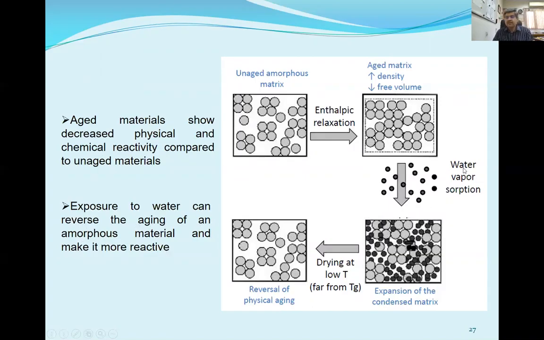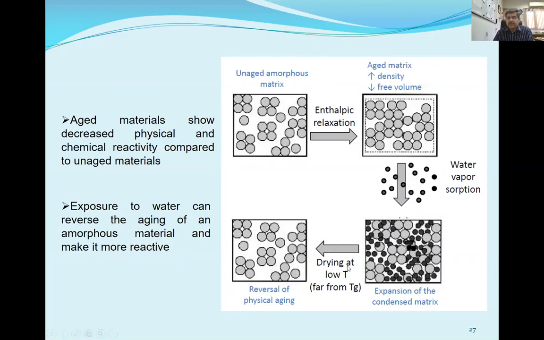So this is the water vapor absorption. Water is being picked up by this aged sample like this, and there is expansion of the condensed matrix because of the ingress of moisture into the system. Remember, water is a very strong plasticizer, and it will lead to the reduction in the glass transition temperature of the system as well.